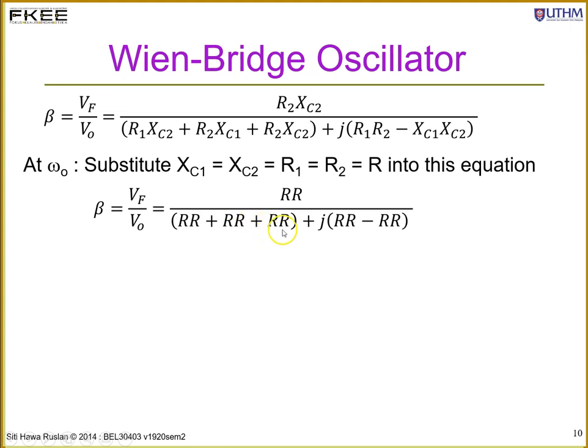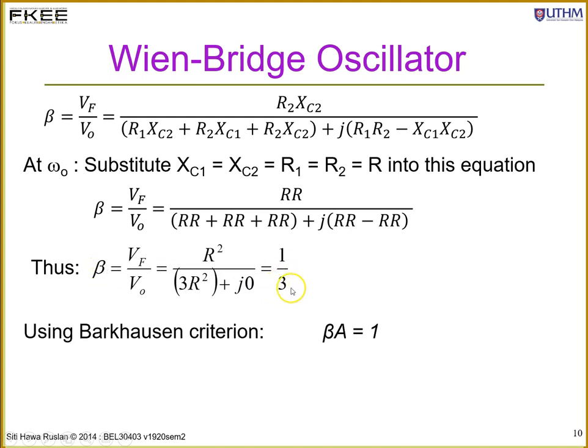R plus R will give you 3R, okay, 3R squared, so R squared, this part 0, so you are left with 1 over 3. So at the frequency of oscillation, beta equals 1 over 3.